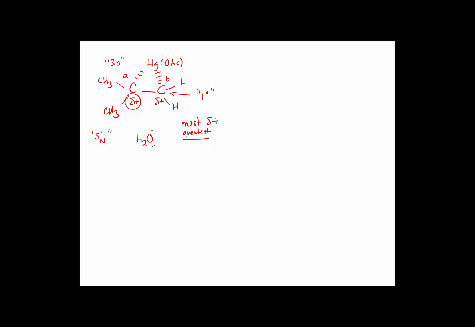So when we look at a triangular intermediate, particularly with a weak nucleophile like water, you have to look at the carbon that is most delta positive. So sterics don't play a role in this kind of reaction. Now they will later, but not right at the moment.